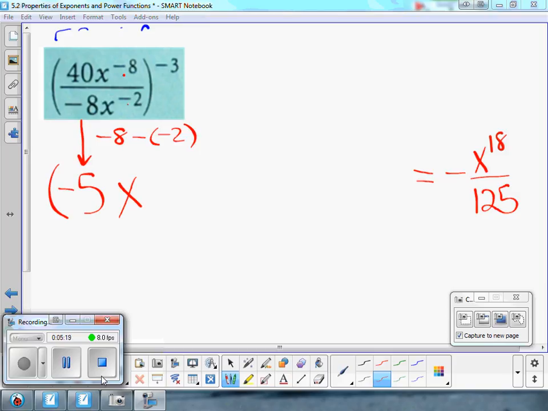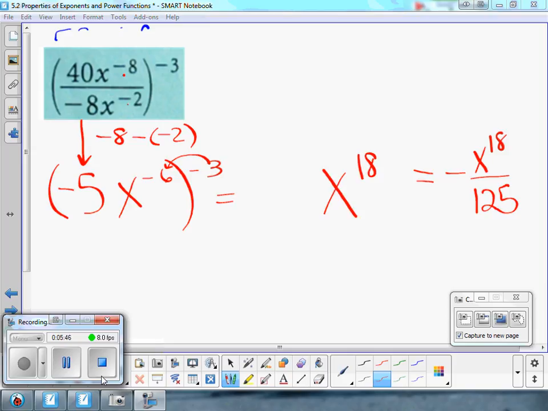Negative 8 minus negative 2 is negative 8 plus 2. And what's that? Negative 6. And then we have this negative 3 still outside. Although I wrote an 18. I was thinking ahead because what am I about to do with these? Multiply them. And that's what gives you that x to the what? 18th part.